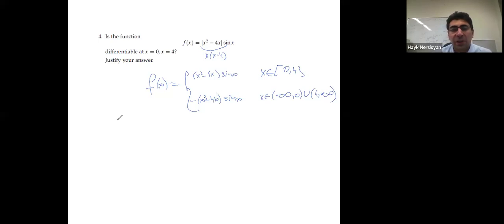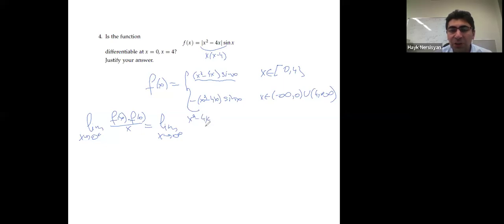And to check whether the function is differentiable, for instance, at 0, we can consider two-sided limits. X goes to 0 from the right side. We have to write f of x minus f of 0 divided by x. And on the right side of 0, we will get this function. Limit x goes to 0 from the right side, x squared minus 4x.